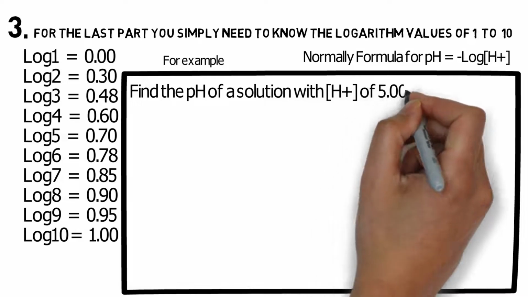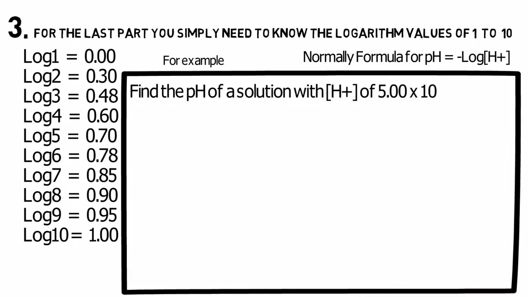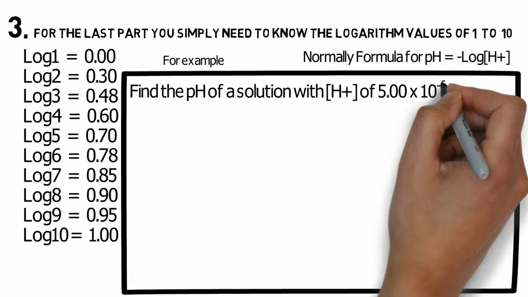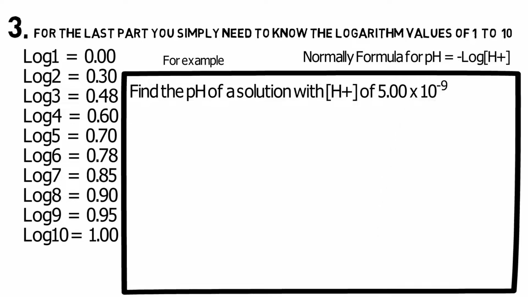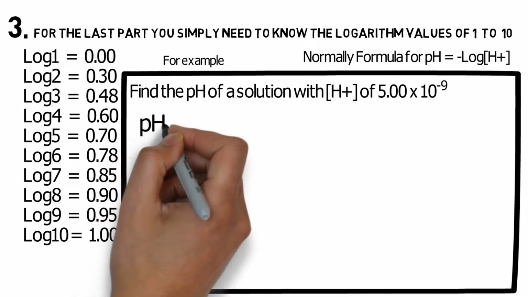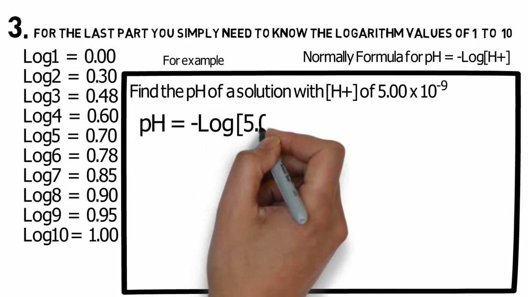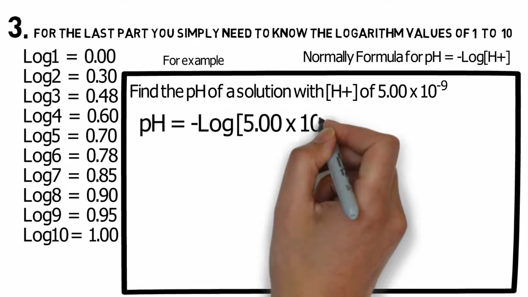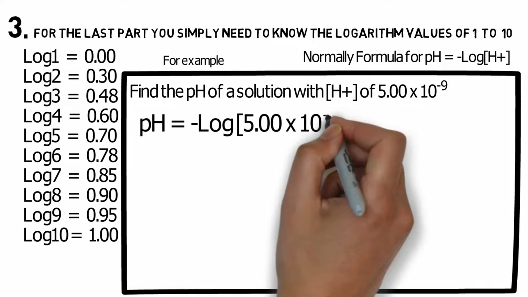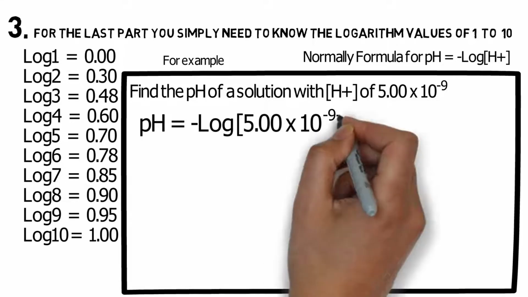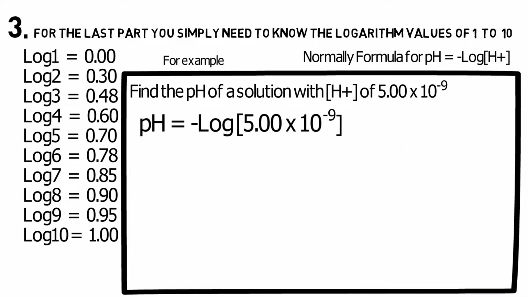In this question, find the pH of a solution with hydrogen ion concentration of 5 times 10 raised to the power of minus 9. Now we simply put our H plus into the bracket. So we have pH equals minus log into the bracket 5 times 10 raised to the power minus 9, close bracket.